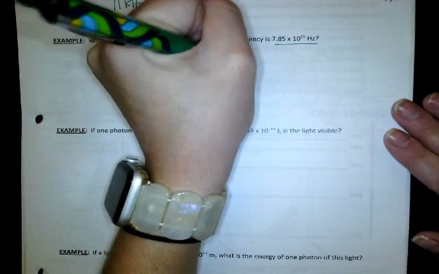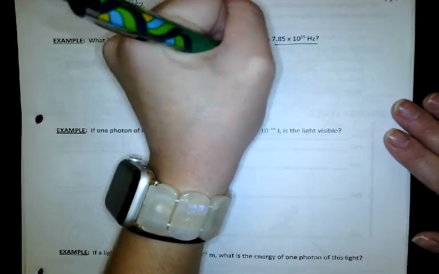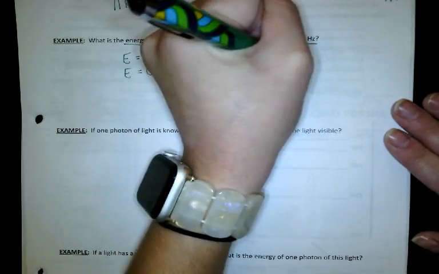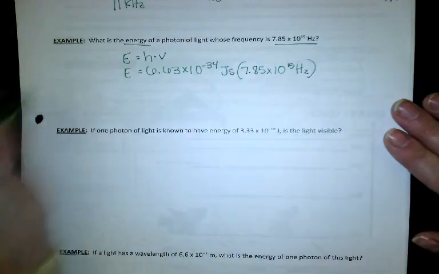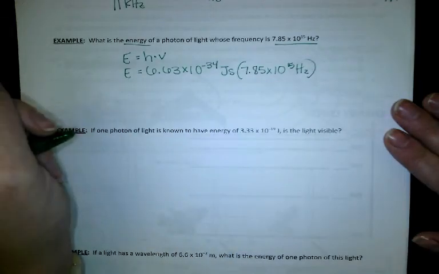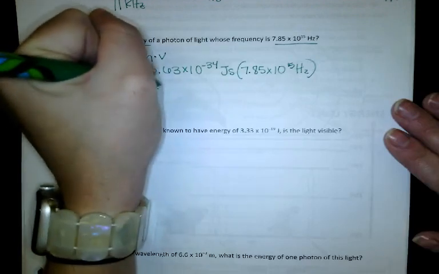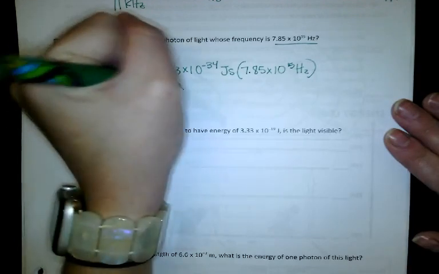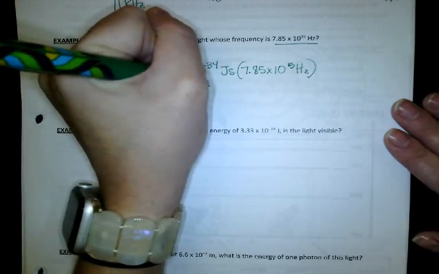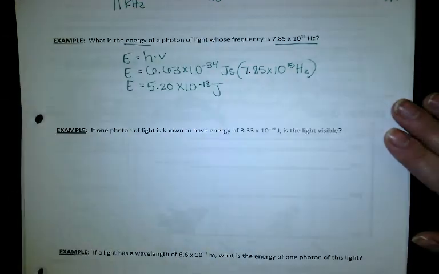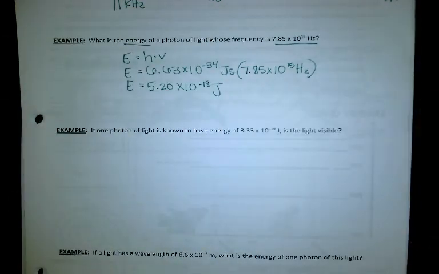Okay, that's our frequency. And so our energy is going to equal 5.20 times 10 to the negative 18th joules. Okay. So that will be our energy in joules for this frequency.